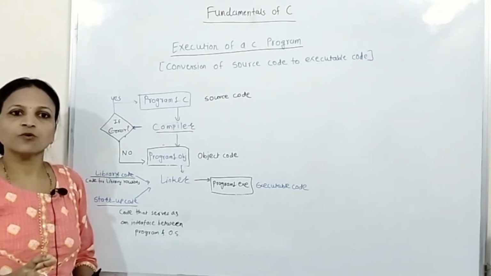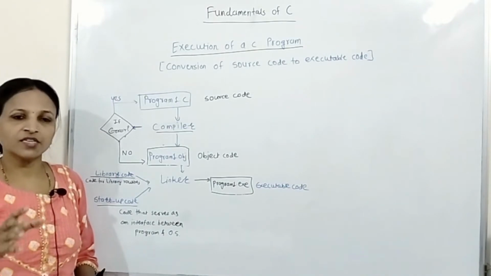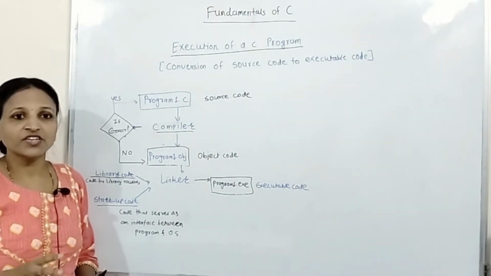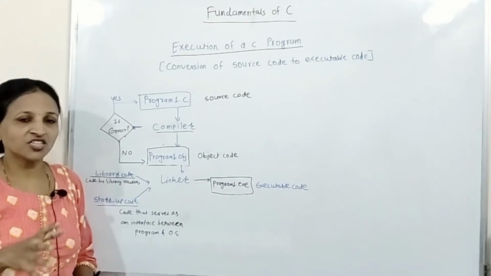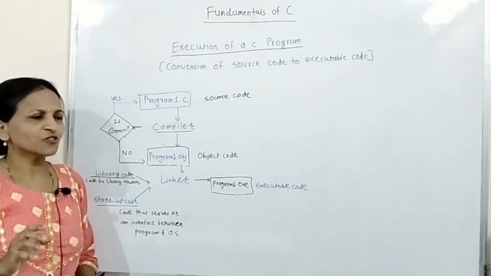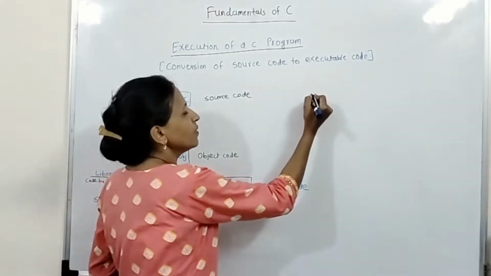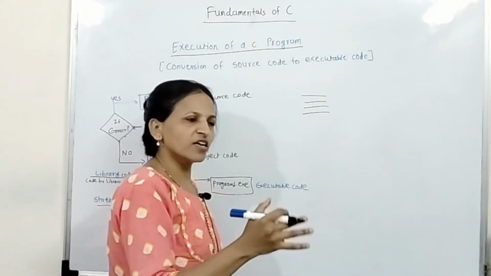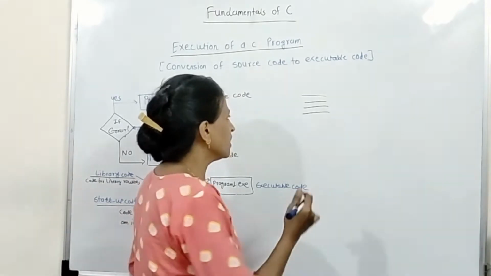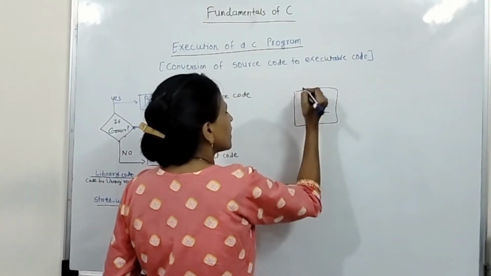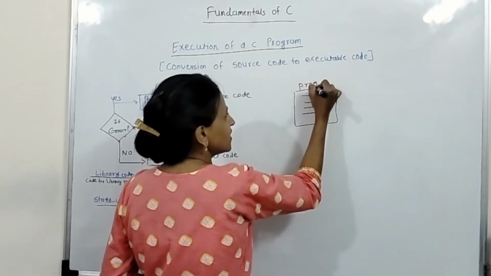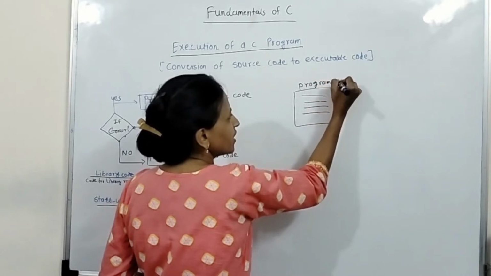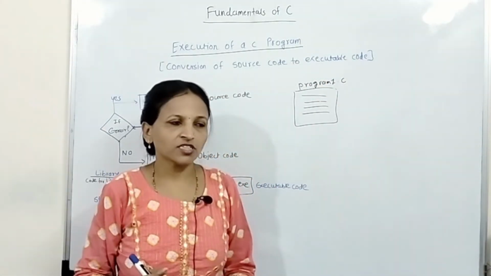Whatever program we have written will be the source code, and a source code will have an extension like .c. Suppose we have written a program using any editor like the Turbo C editor or a normal editor like Notepad, we will save that program using the .c extension. Let it be program 1, I am giving the name, and we will save it with the .c extension.